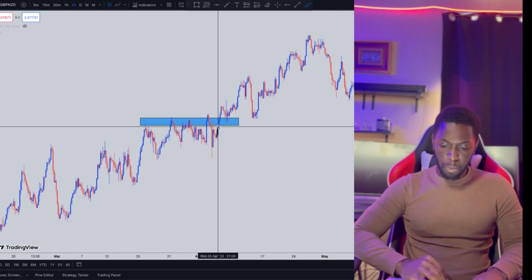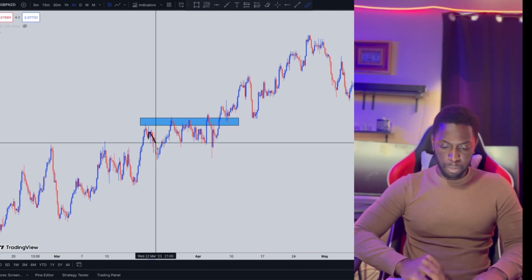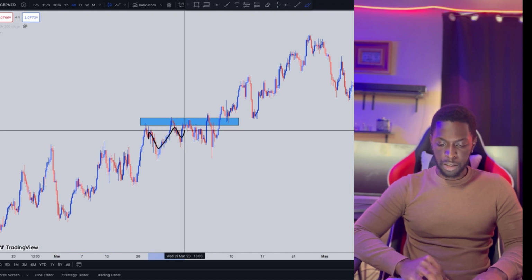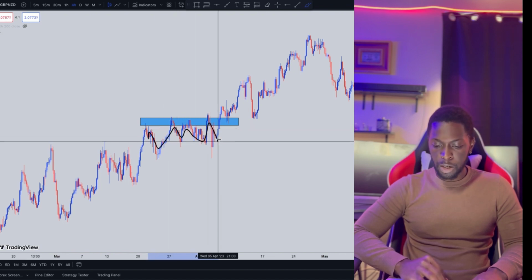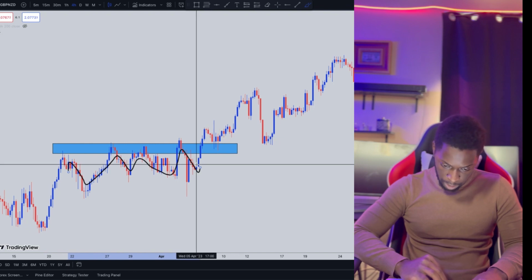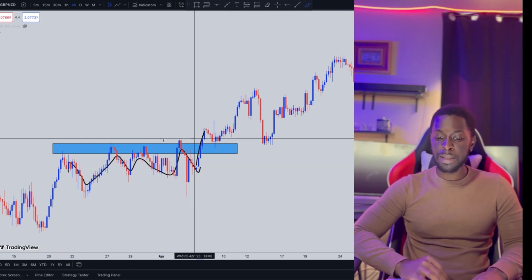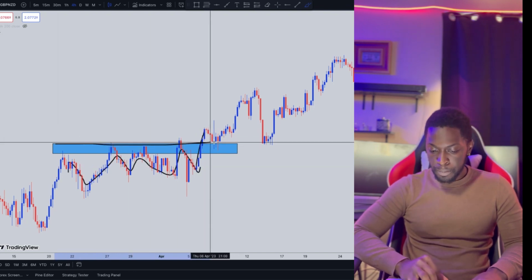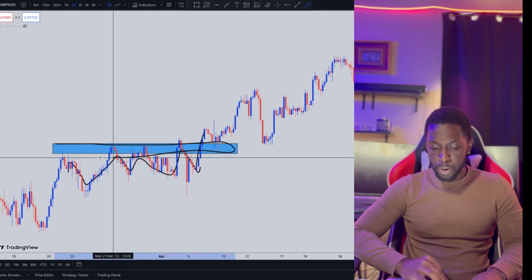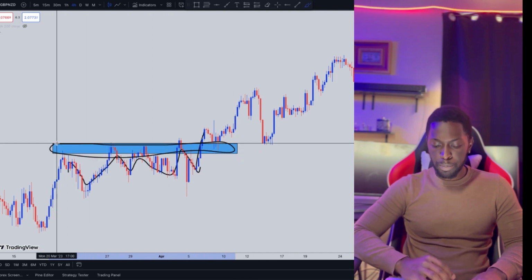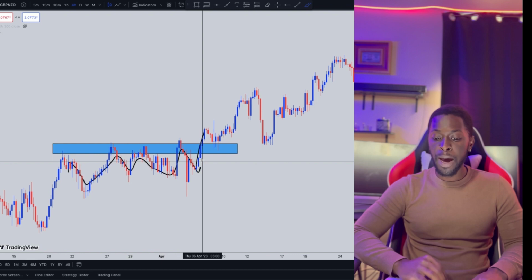So, break, retest, rejects, it rejects, rejects until it gets to this point right here where it breaks past this high. This was the high at that time. And it broke past it.